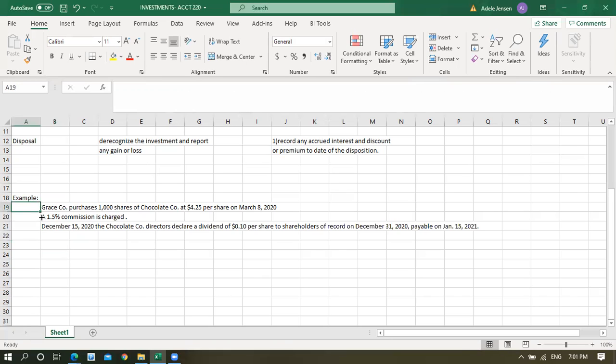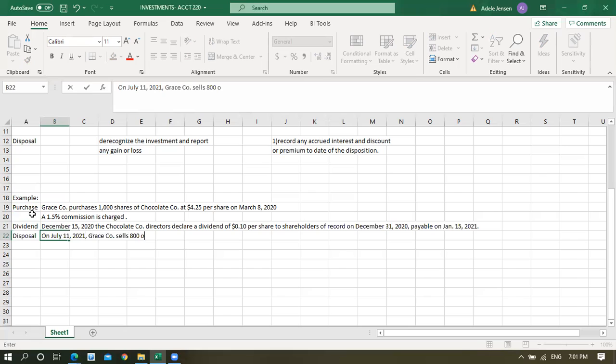So these two will tell us about our purchase. This next one will tell us about our dividend. And then this next one here will be the disposal. And that is on July 11th, 2021. Grace Co. sells 800 of the 1,000 shares of Chocolate Co. for $5.08.